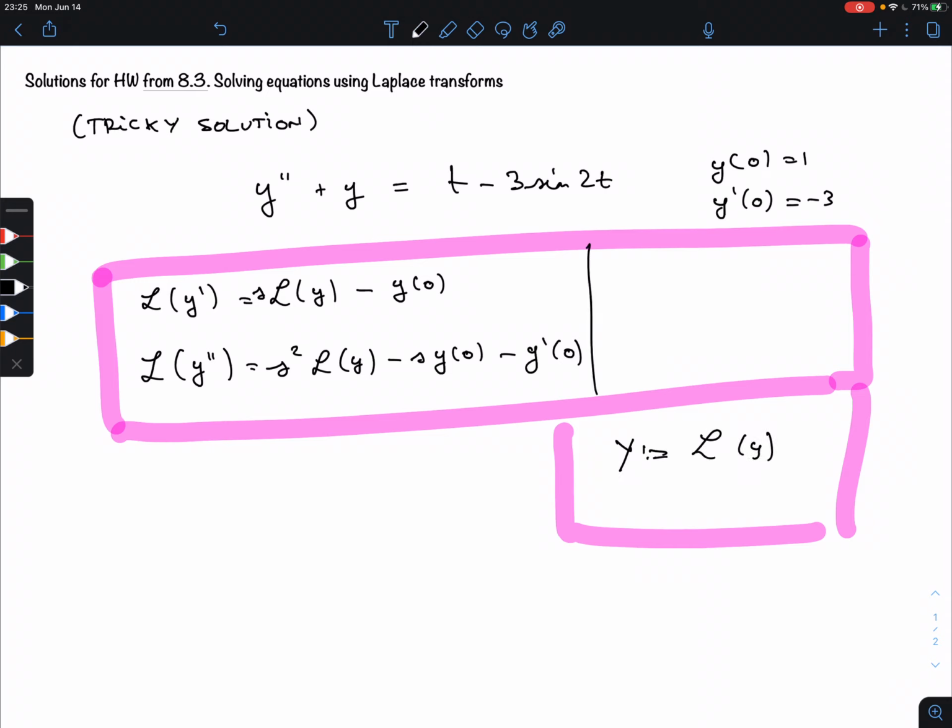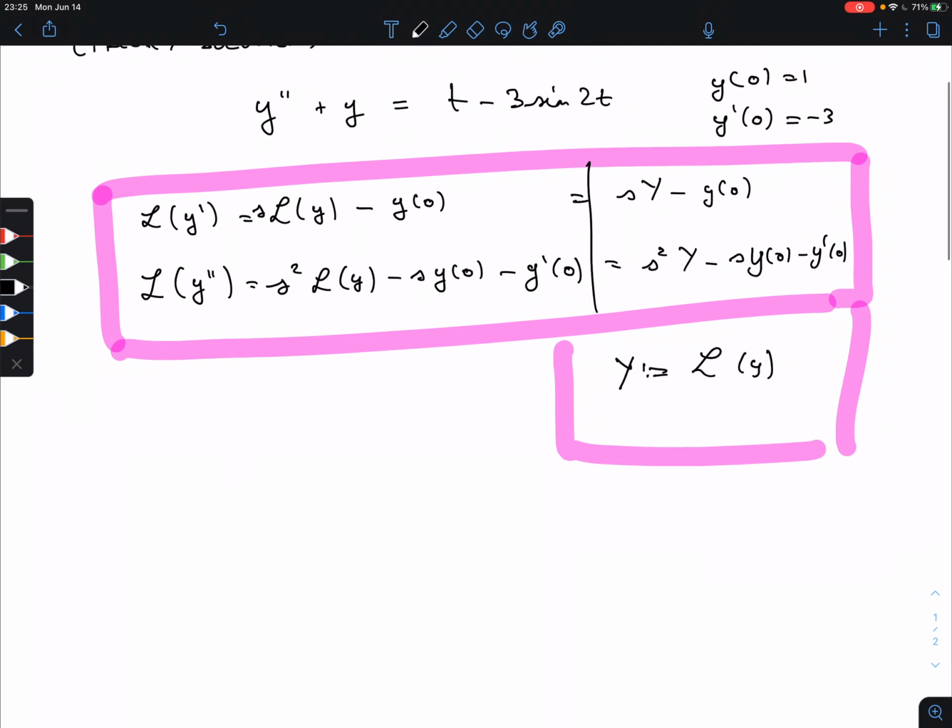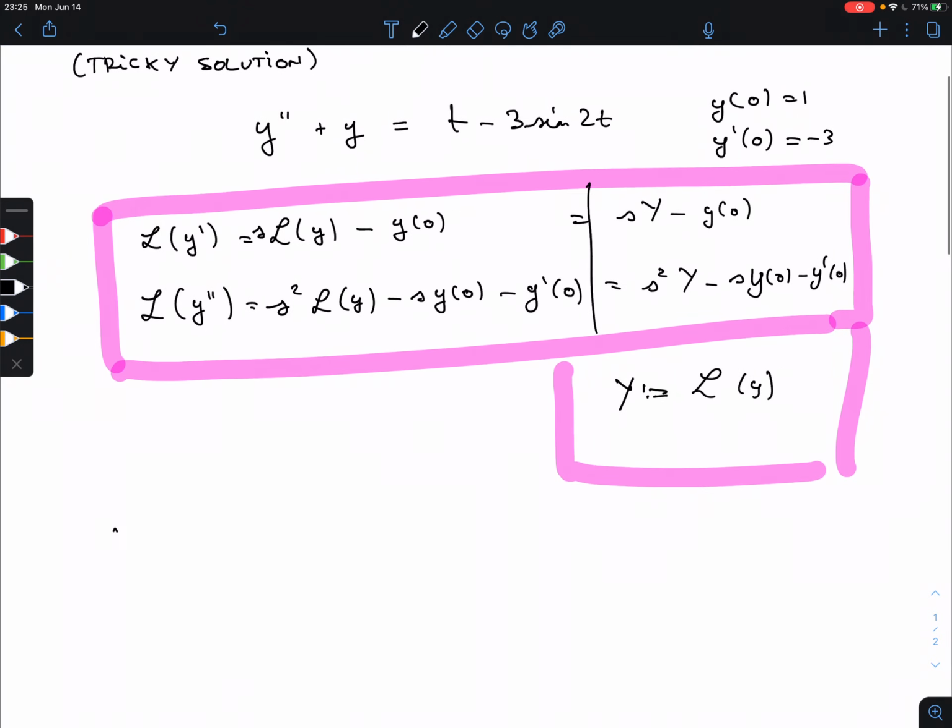Now, it's perhaps sometimes easier to remember these formulas if you introduce this Y here, because then this is just sY minus y(0), and this is s squared Y minus s y(0) minus y'(0). Okay, so in our case, we have y double prime.